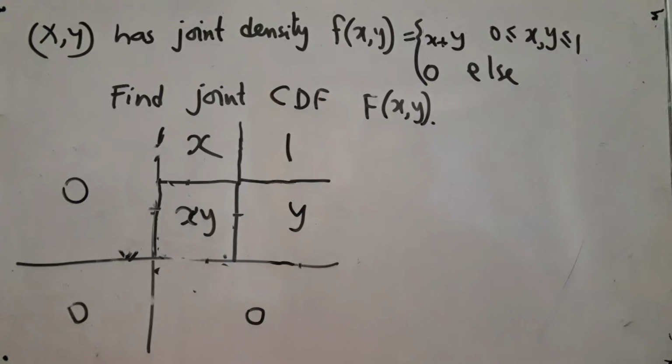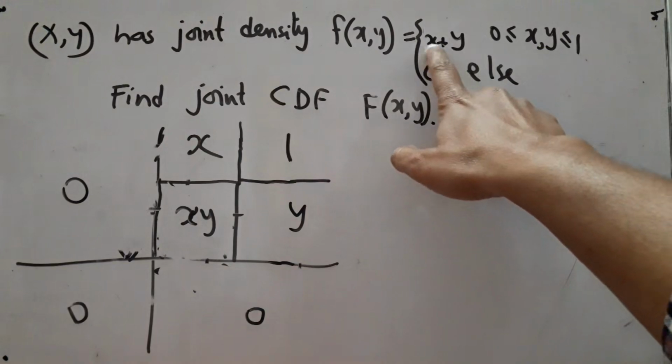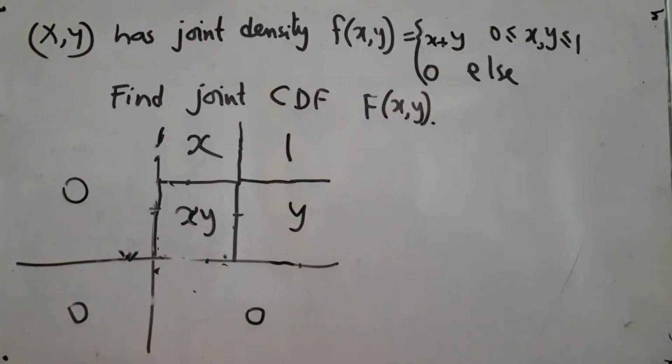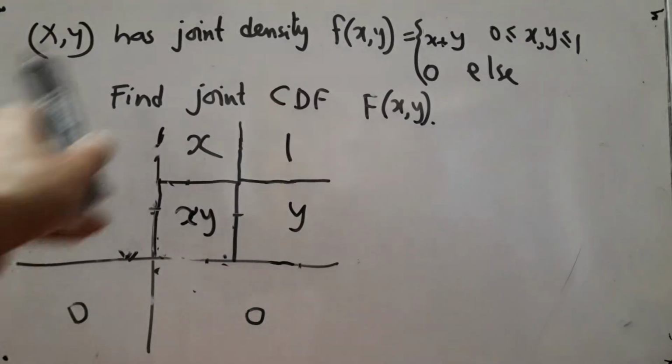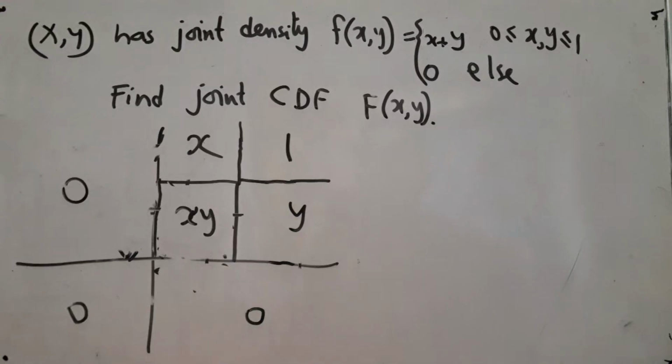Now in this exercise, I ask you to do exactly what I have done, except that I have changed the density from 1 to x plus y. So simple geometric considerations become a little bit more complicated. What I want you to do is find out which of these cells have values that remain unchanged.